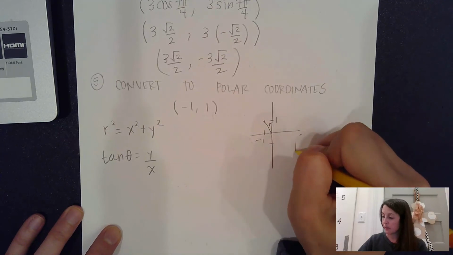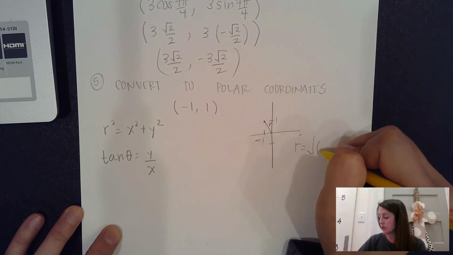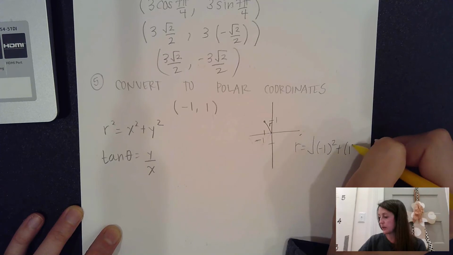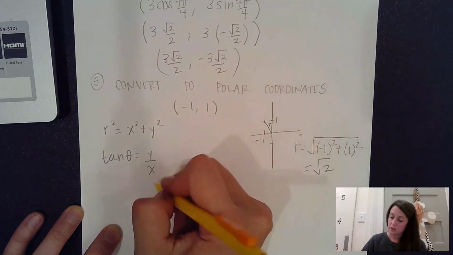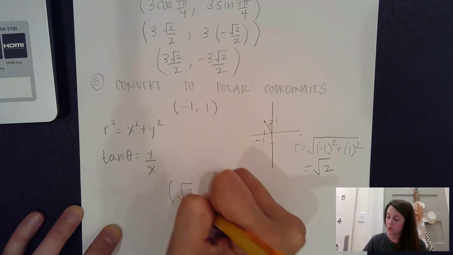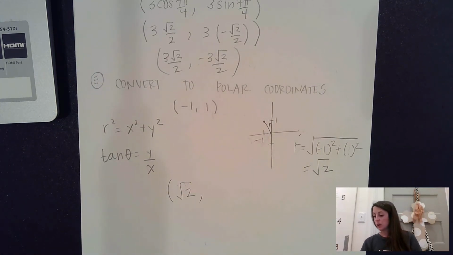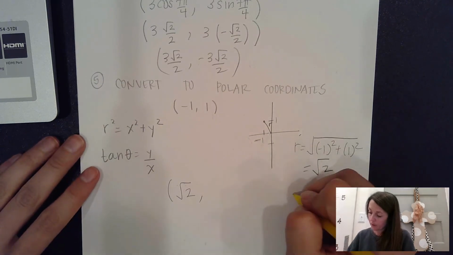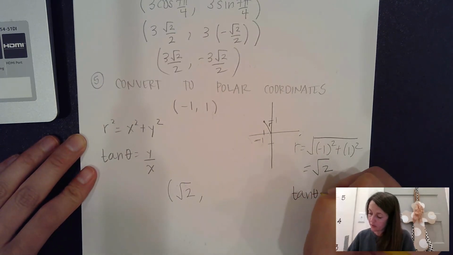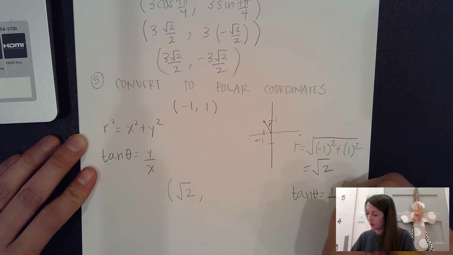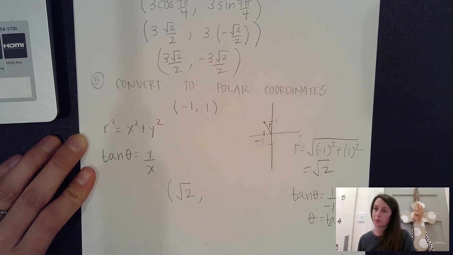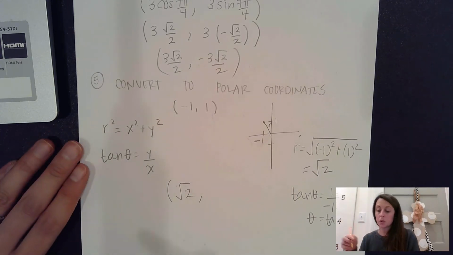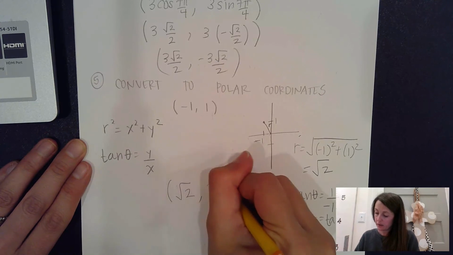So the r value is going to be the square root of -1 squared plus 1 squared. So that'll be just the square root of 2. So your r is going to be square root of 2. So your radius is square root of 2. And then your theta here, so it's going to be tangent of theta is going to be 1 over -1. So this will be inverse tangent of -1, which is going to be in the fourth quadrant. So it's going to be 7 pi over 4.